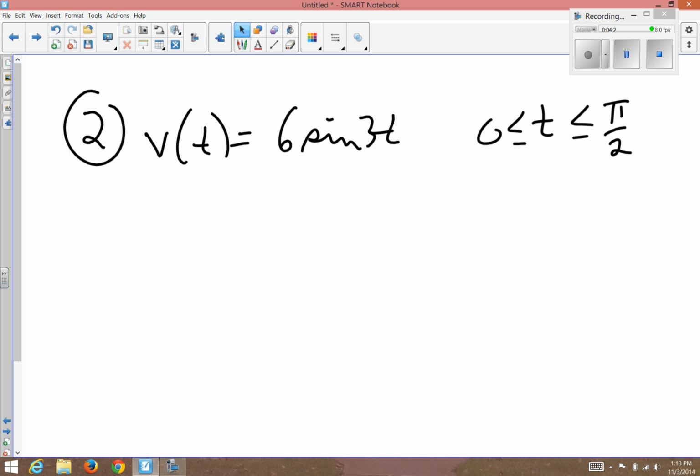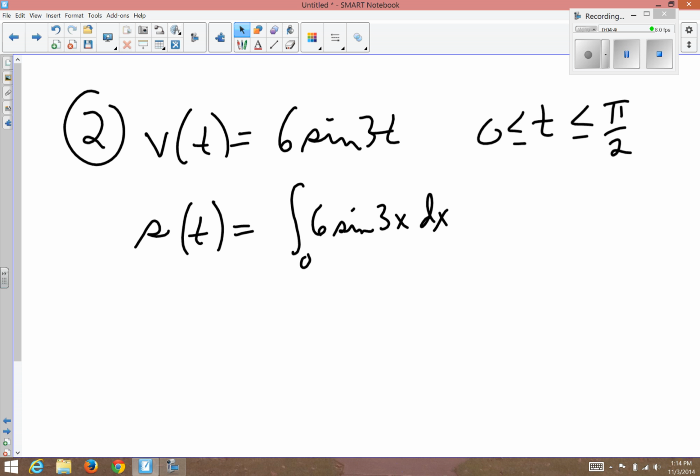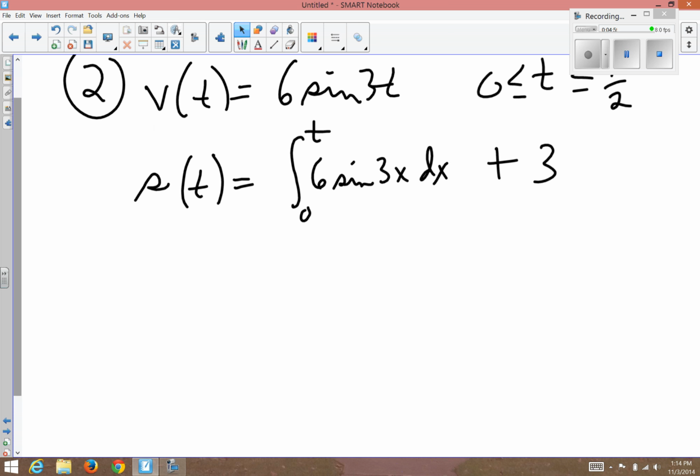So given this, I know that the position of the particle that's moving is the antiderivative of the velocity, which instead of saying 6 sine 3t, I'm going to call it 6 sine 3x dx from 0 to t plus 3. Because from this, what I just wrote, the given would follow. And also from what I just wrote, s of 0 would equal 3, which is in the directions.